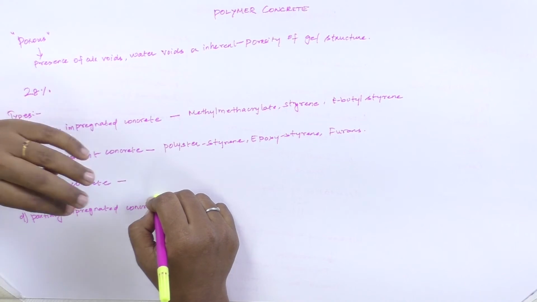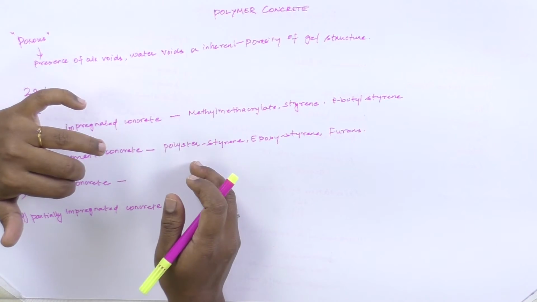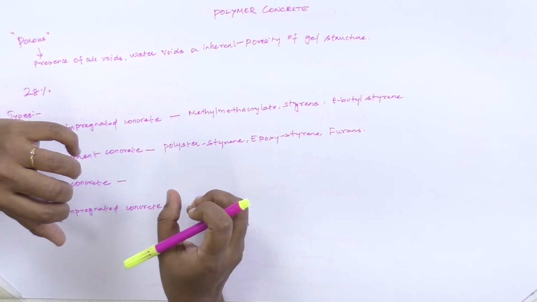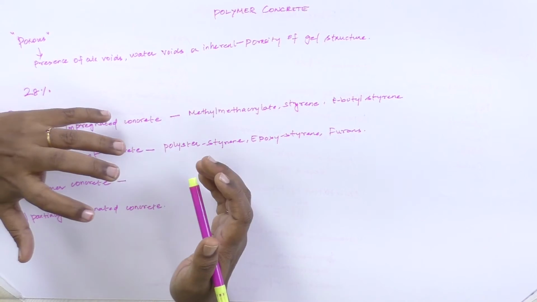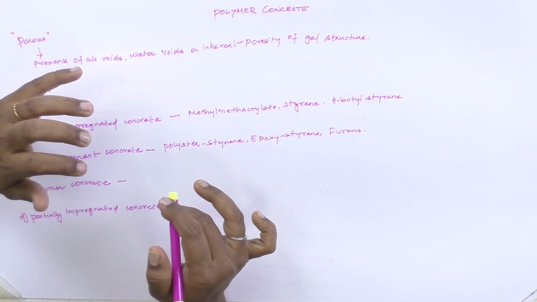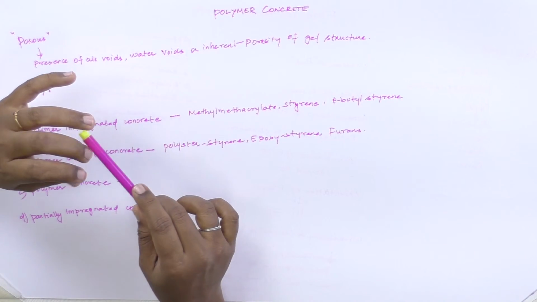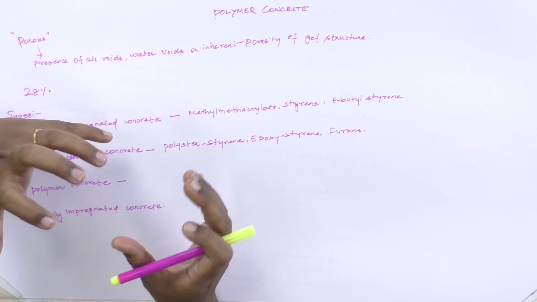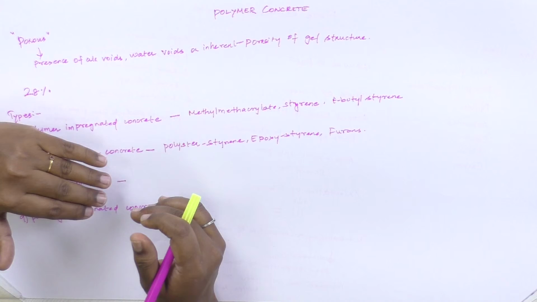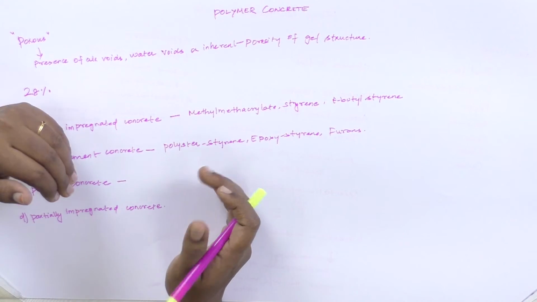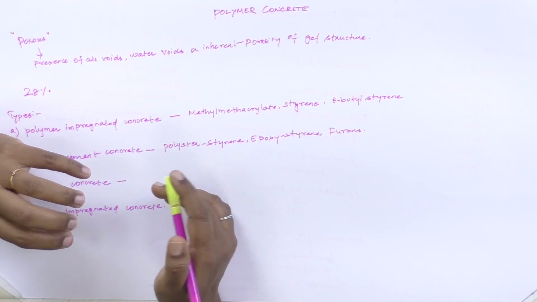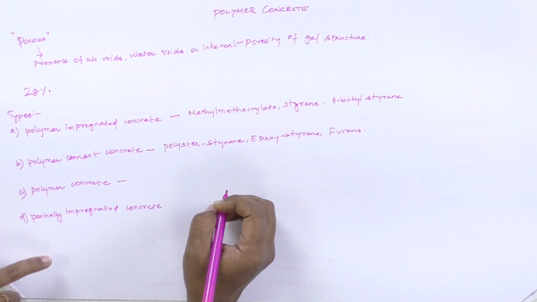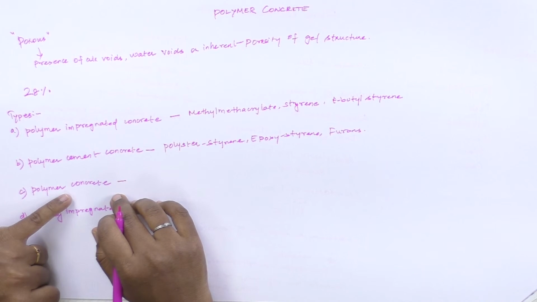So they grade the aggregates such that they are packed to a higher density with minimal voids. After that, the monomer is injected into the molds containing these highly graded aggregates, and after injecting the monomer, the subsequent polymerization is initiated, and that concrete is called polymer concrete.